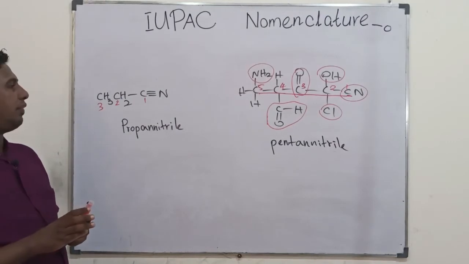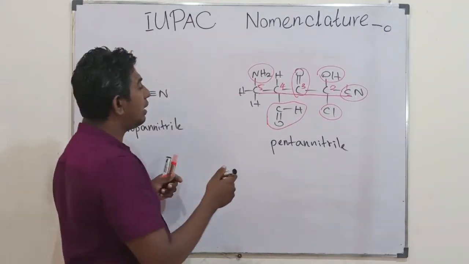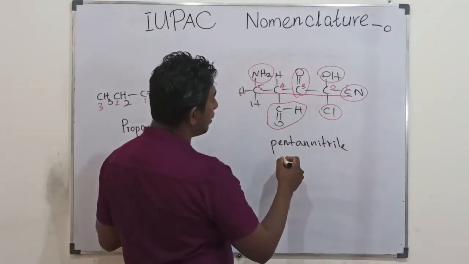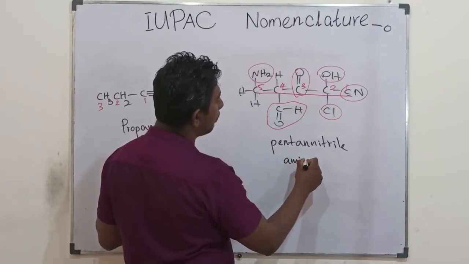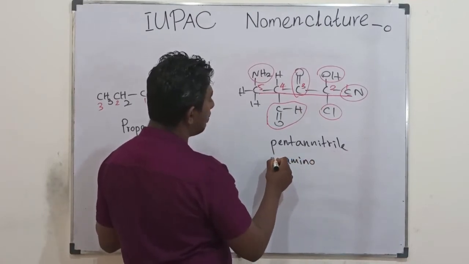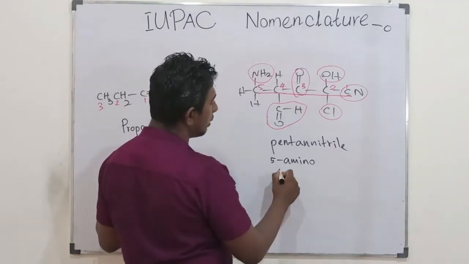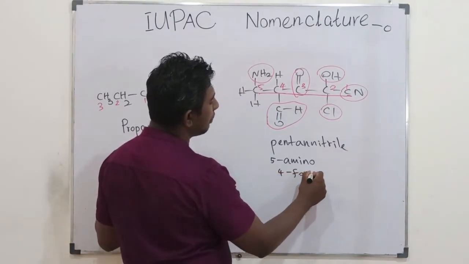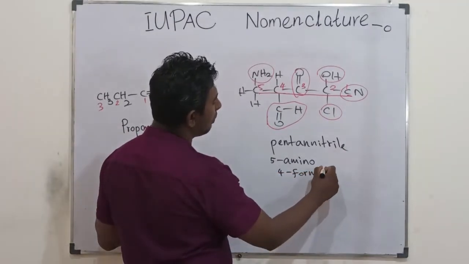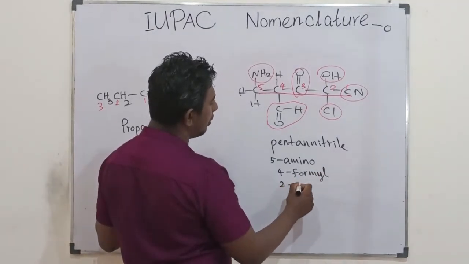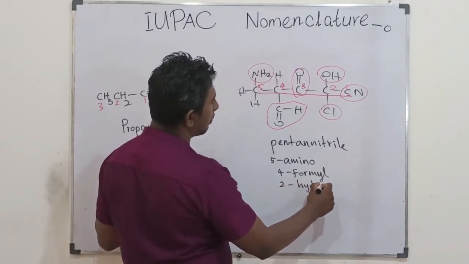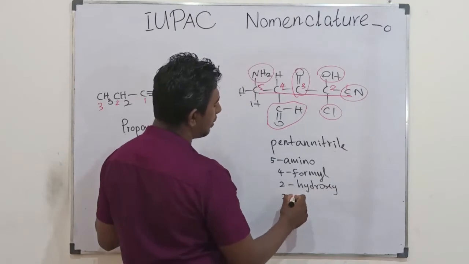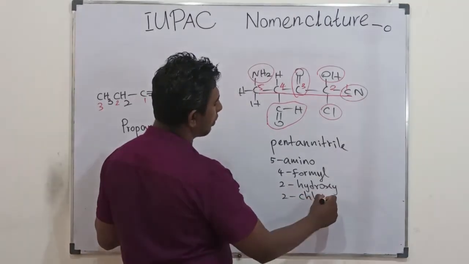So students, you have these subfunctional groups. Amino on the 5th carbon, then on the 4th carbon you have formyl. On the 2nd carbon you have hydroxy as well as chloro.